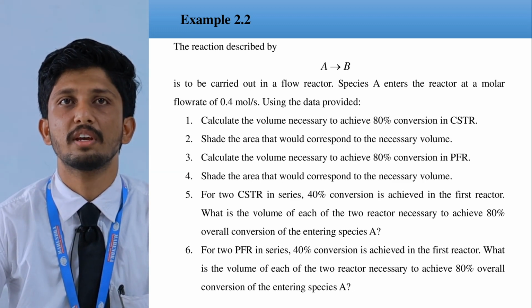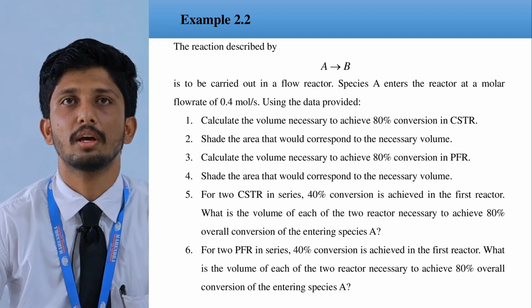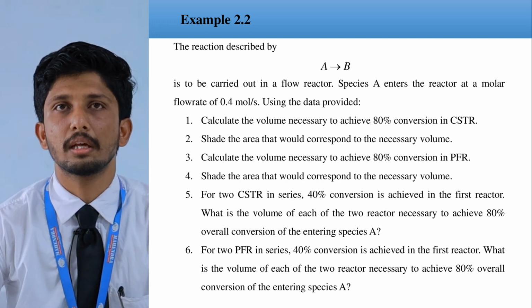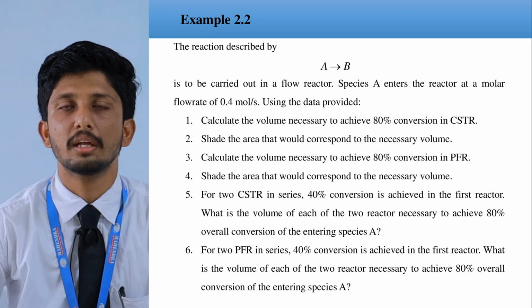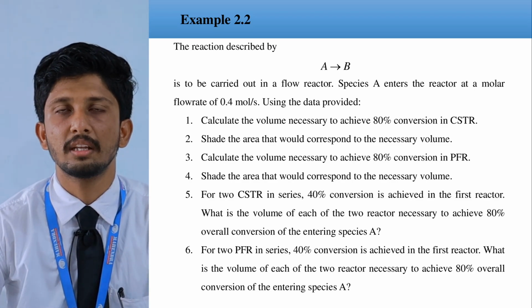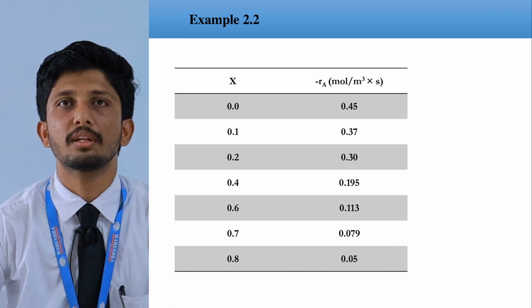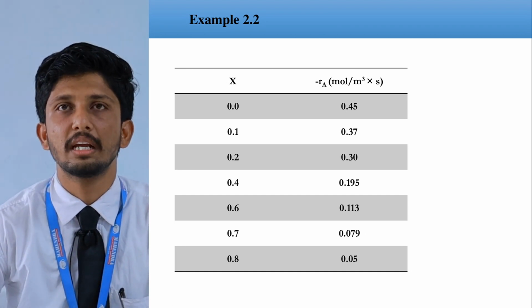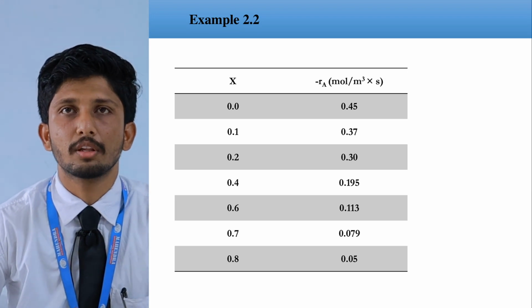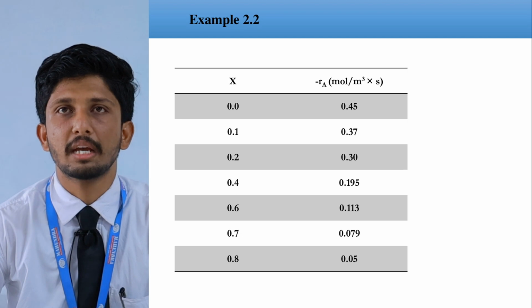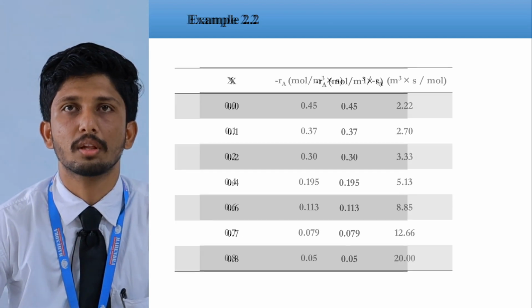Based on this equation, we can solve these 6 evaluations. The data is given: X is the conversion, and minus rA, the rate of reaction of the reactant species, is given in the table. Based on this reaction rate, we can calculate the reciprocal, 1 by minus rA.